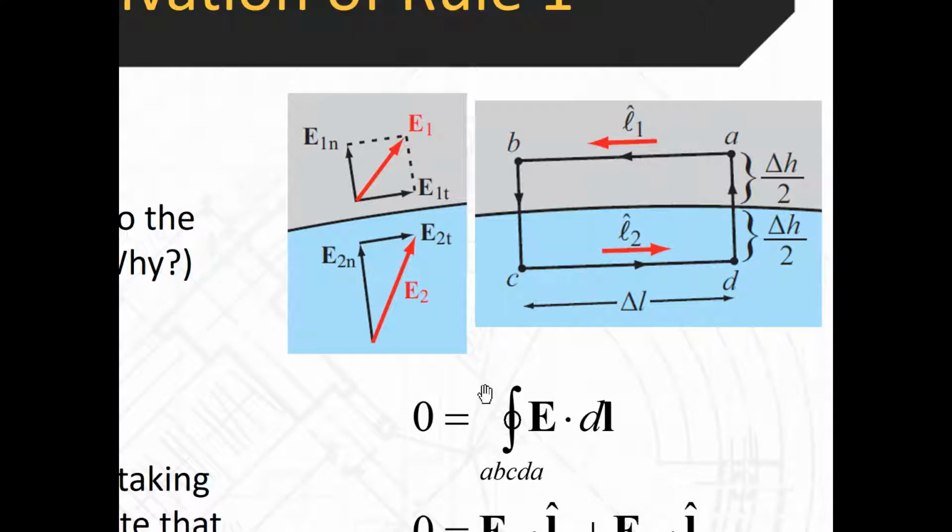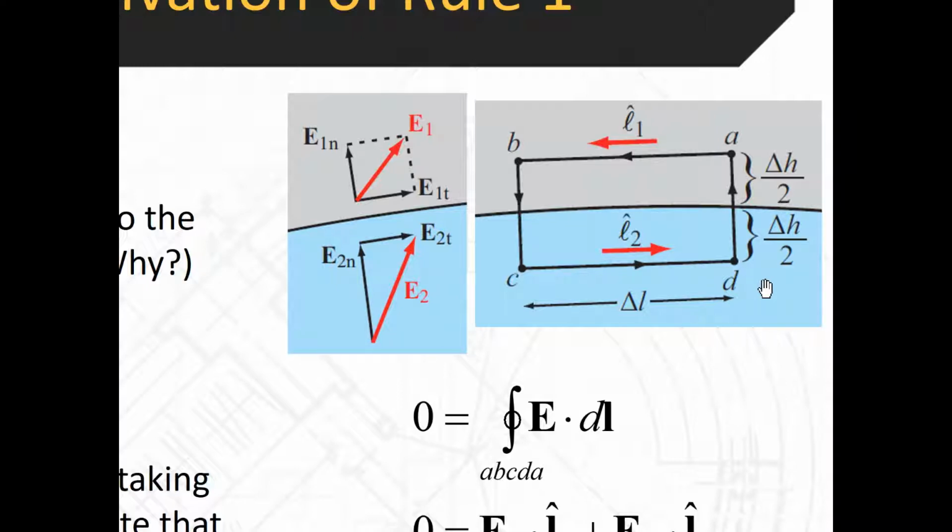First we draw a rectangle here, and this distance is equal to delta H over 2. Delta H is just a variable that we made up. It represents the height of that rectangle. We are going to make that rectangle as thin as possible, so we make delta H go to 0.